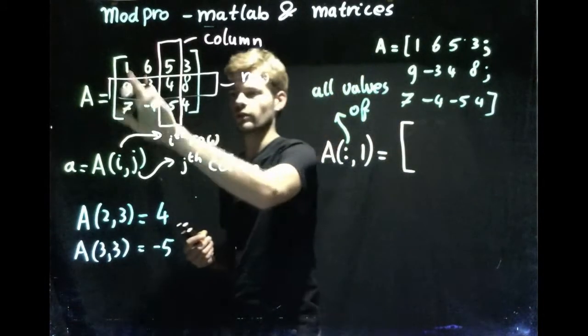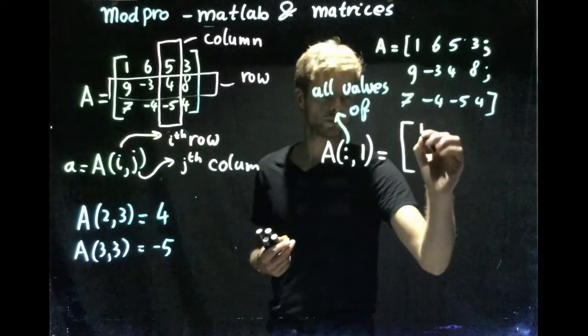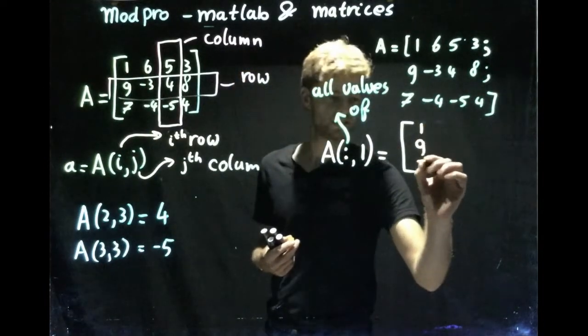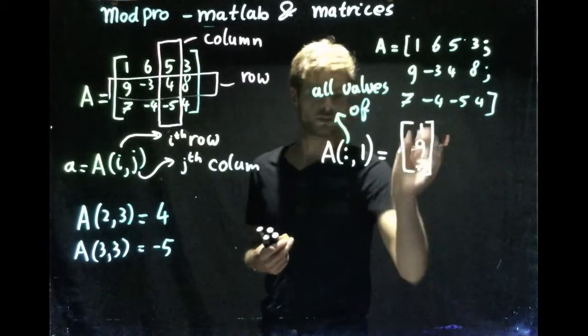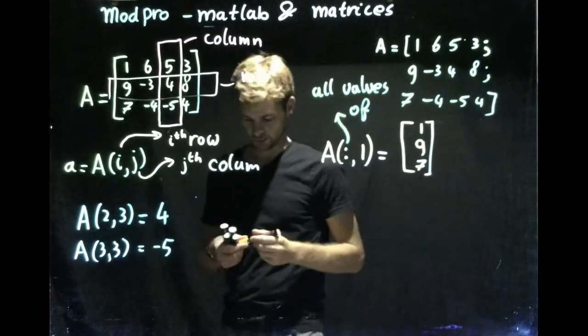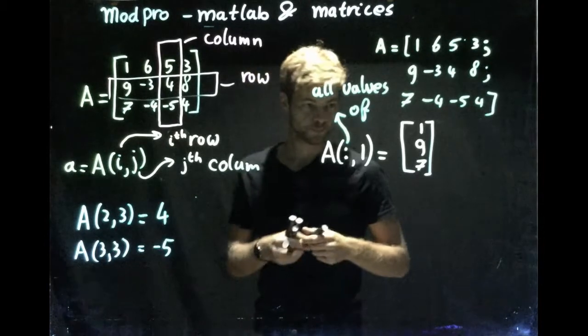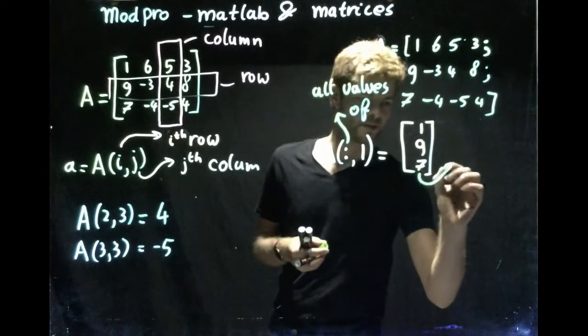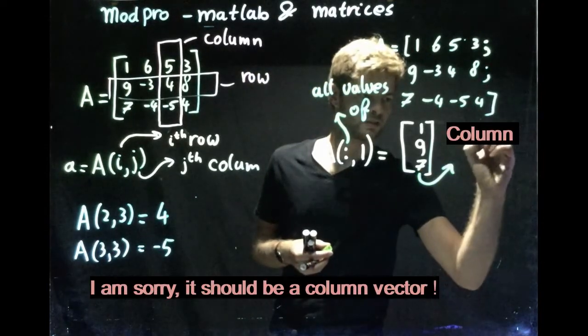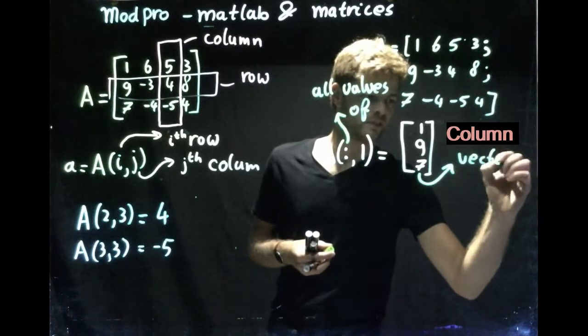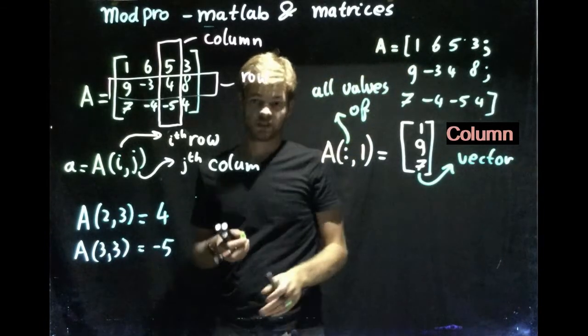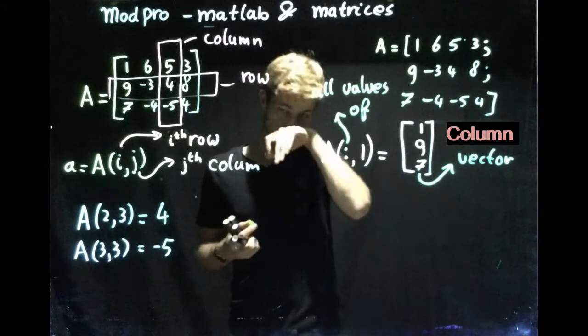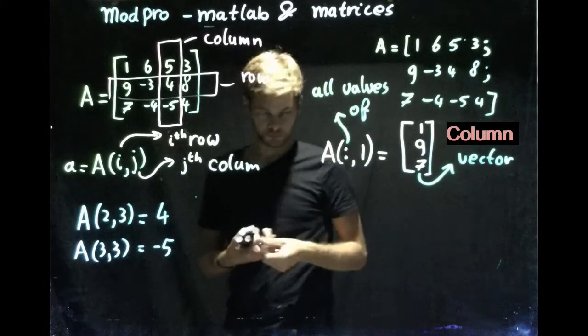So I go to the first column, it's over here. So my result will be 1, 9, 7. So it's actually just one single row. And we call this a row vector. And a vector is simply a one-dimensional list of values.